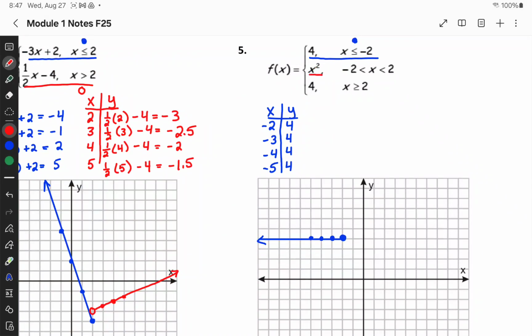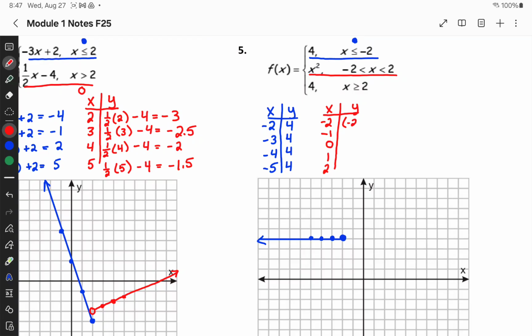Next, let's go ahead and graph our next section of this piecewise graph. So I've got x squared with -2 less than x less than 2. So for this particular table, it's actually telling me what numbers for x I want to be between. It wants me to start my table at -2 and then go all the way up until I get to 2. So it gives me a point to start with and also a point to end with. For each of those, I'm going to be squaring the number.